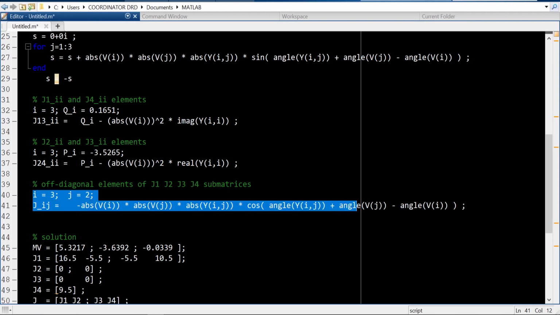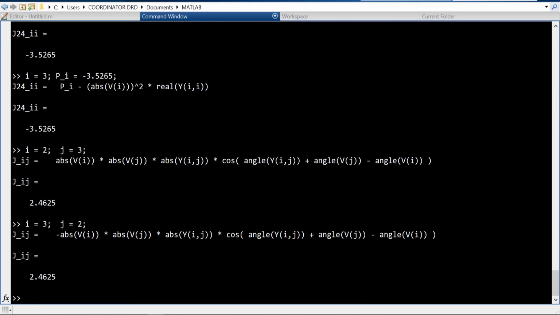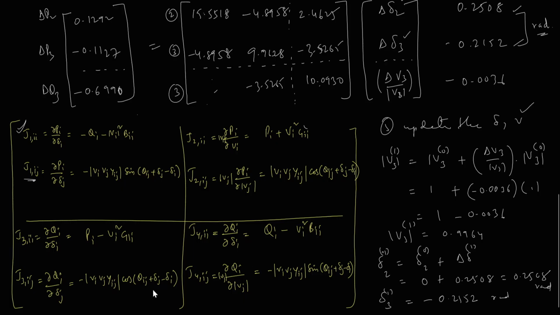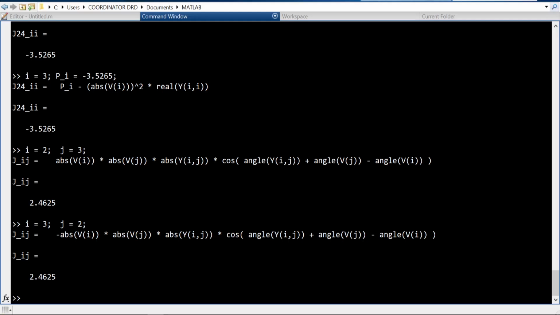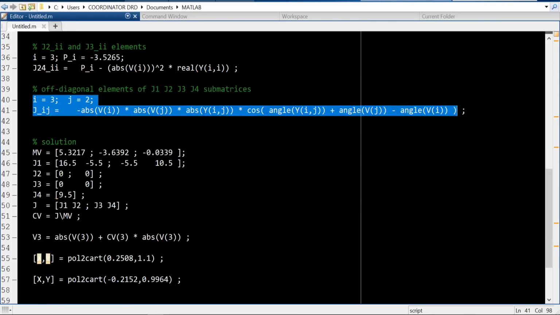So if I evaluate this off diagonal entry, it comes out to be the same 2.4625. Now I have to again enter all these values, which is very difficult for me now. I can't type all these numbers here.